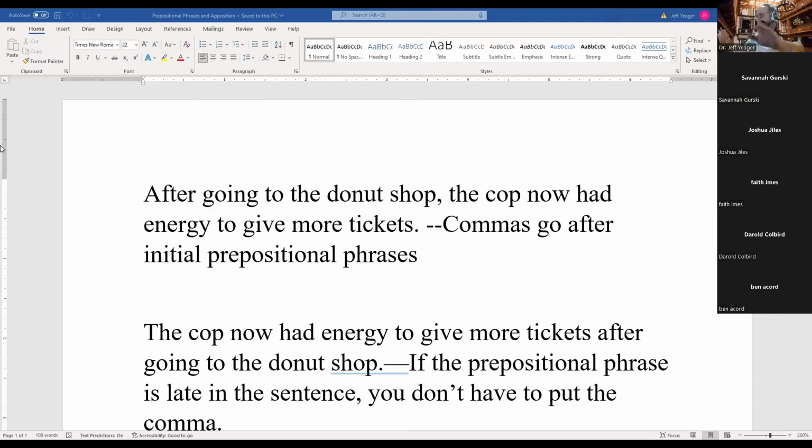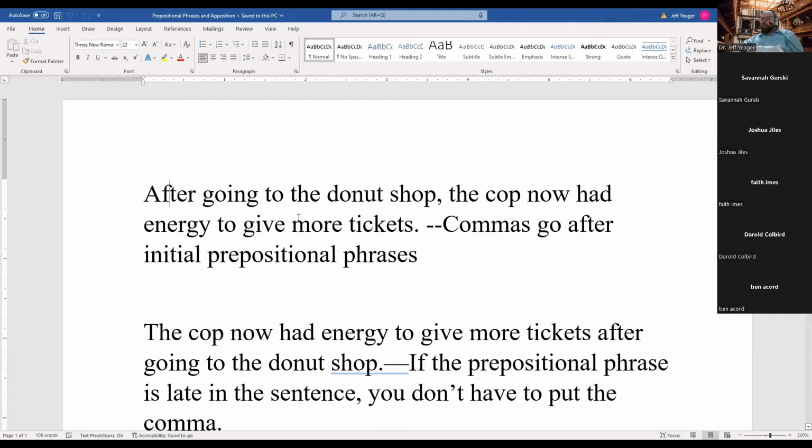So that's a good way to understand what a prepositional phrase is. Prepositional phrases always start with prepositions, and normally you see them at the beginning or the end of the sentence. This is something students often don't do: put commas where they need to go with prepositional phrases.